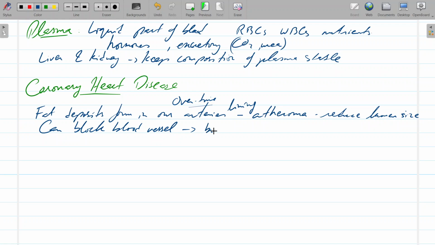So it blocks blood flow and oxygen supply, and that's obviously going to cause harm.